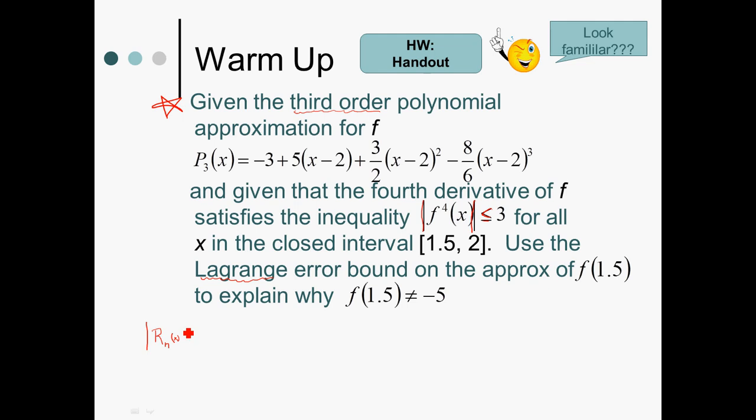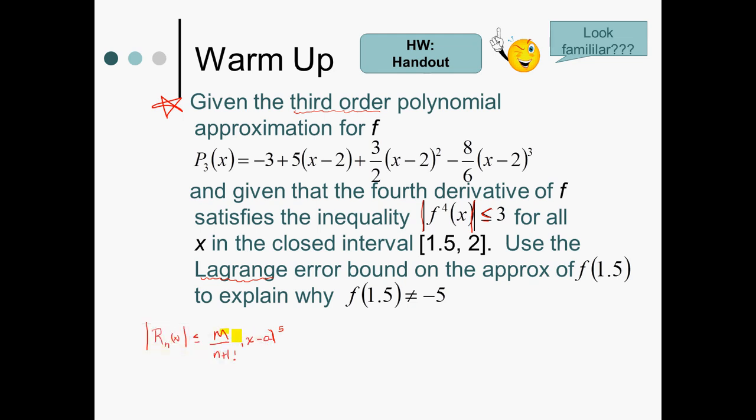The absolute value of that remainder is guaranteed to be less than or equal to M over the next factorial times the absolute value of the x you're trying to approximate minus the center, to the next power. So what did they give?